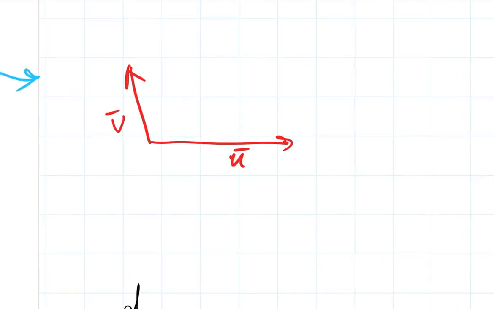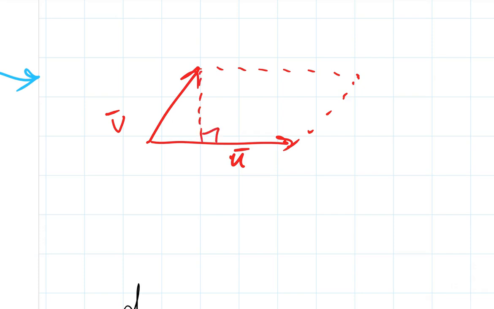Let's draw it the way they have it. And now we have a form of parallelogram out of this. So what they do is they make this right triangle here, and they look at this angle theta here. Now, the sine of theta, let's call this b for a second.